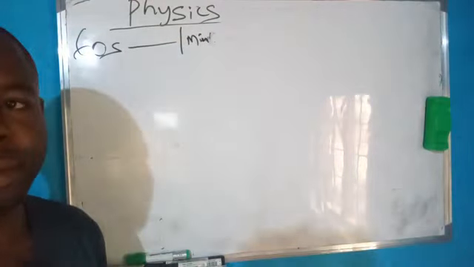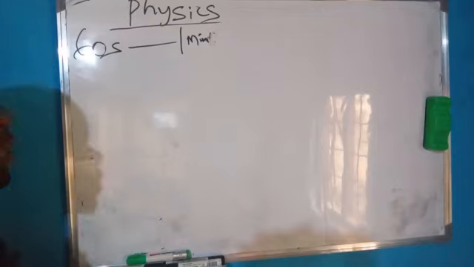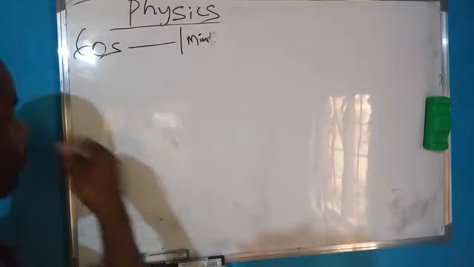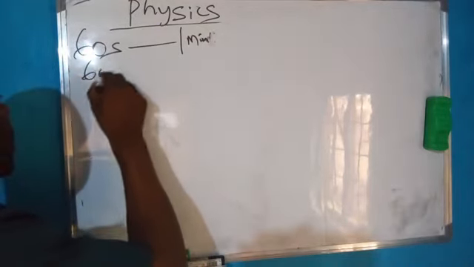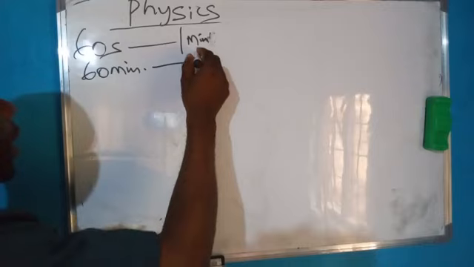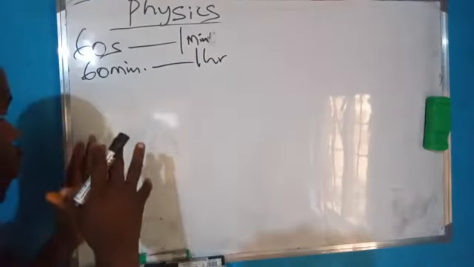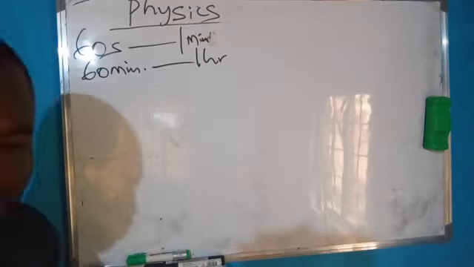Is that clear now? 60 seconds gives us 1 minute. So that now also 60 minutes gives us 1 hour. Good. This is where the basic starts now in case of time.